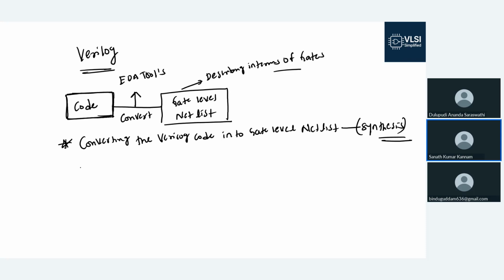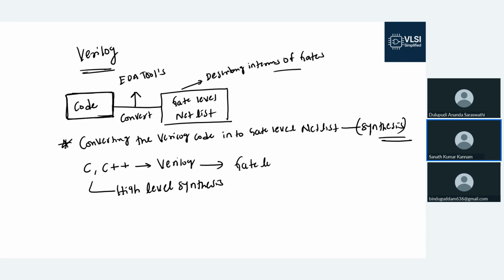High level synthesis also exists. Nowadays we use C or C++ for synthesizing, which is high level synthesis. In this, C or C++ is converted to Verilog, and Verilog is converted into a gate level netlist.